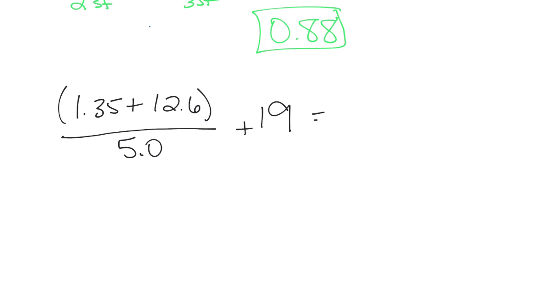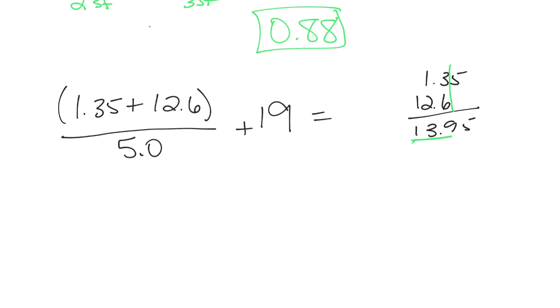Now, order of operations, we have to do the parentheses first. So when we do 1.35 plus 12.6, we get 13.95. Now, as I said, once again, we have to make sure we keep track of our sig figs. This one would have 1 place past the decimal.